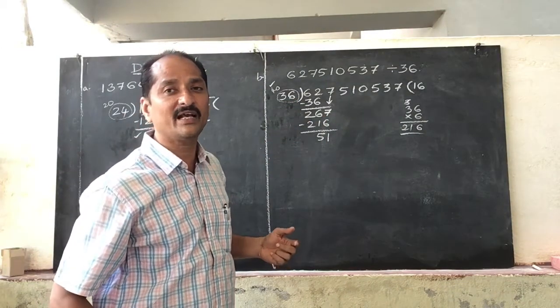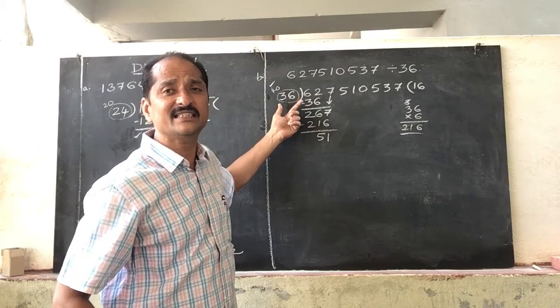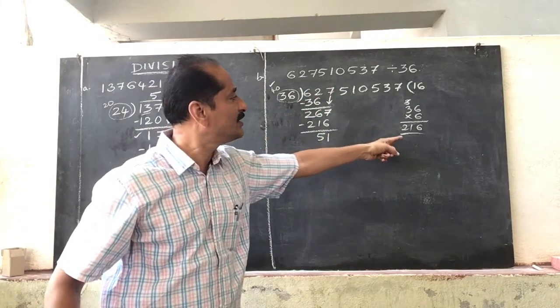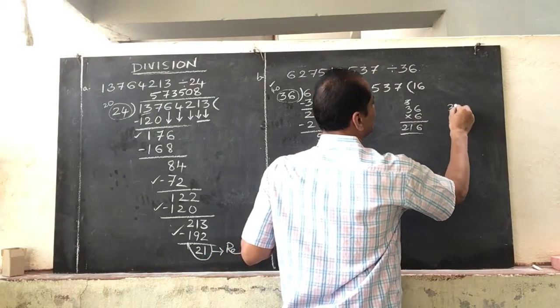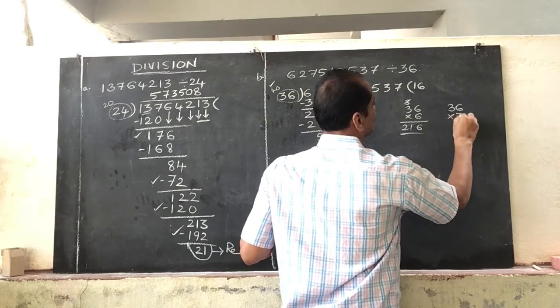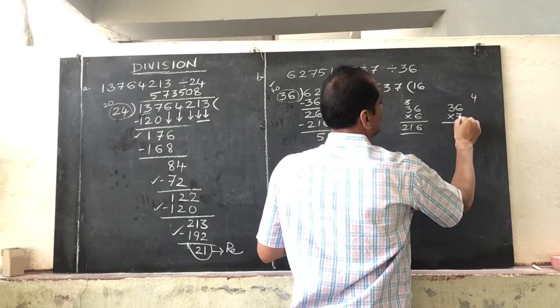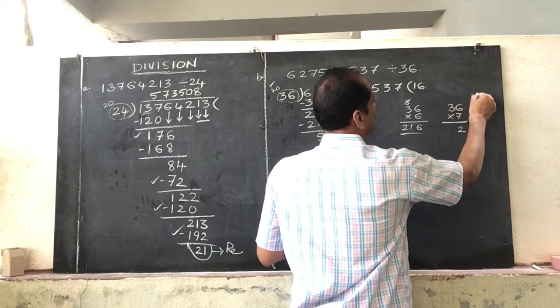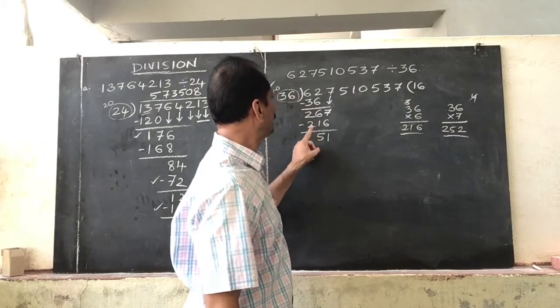But we have taken only 6 thirty-sixes, which is equal to 216. Now check it for 7 times. 7 thirty-sixes: 7 sixes are 42. 7 threes are 21 plus 4, 25. 252. Oh, 252.